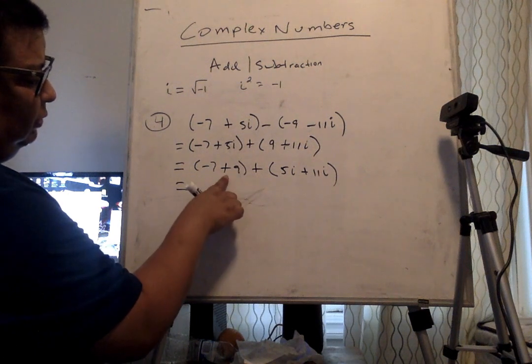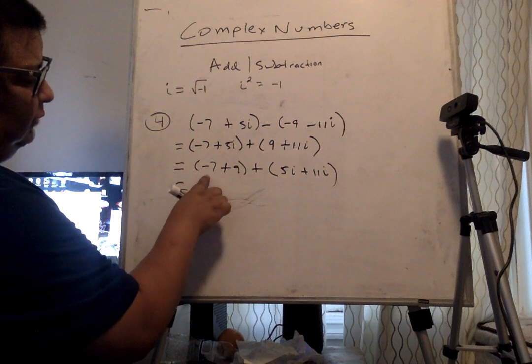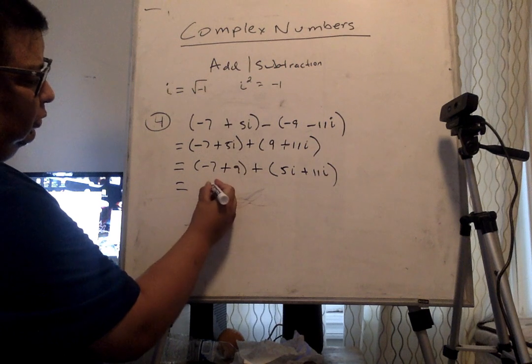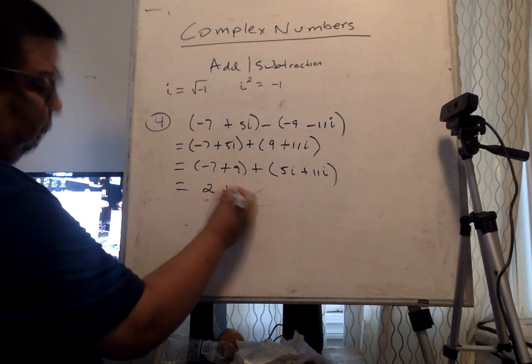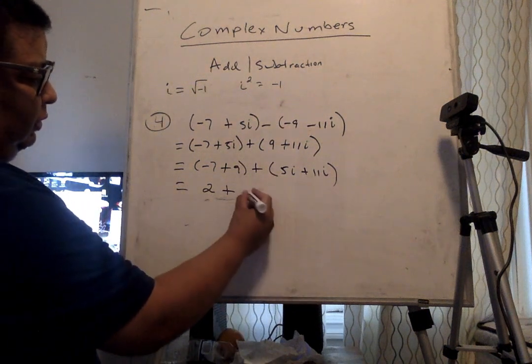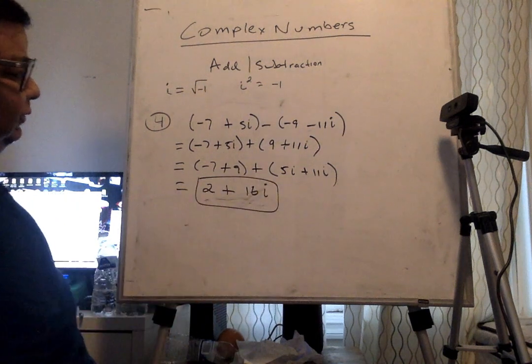Remember, the biggest number has the sign, so the biggest number is 9, so that will give you positive 2 plus 5 plus 11. That will be 16i, and that gives you the final answer.